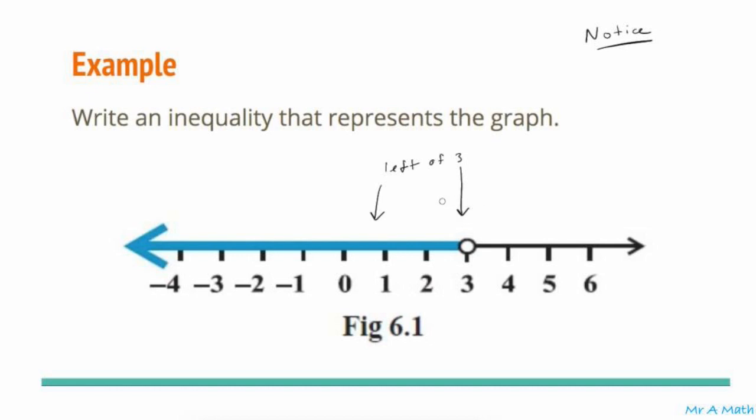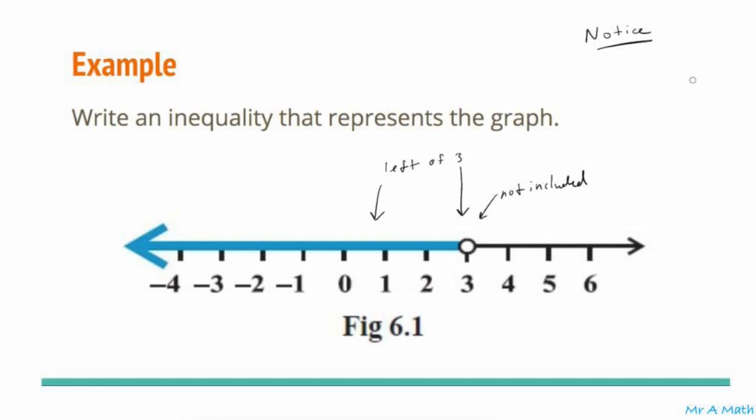And I also notice that 3 is not included. So if we look at what we just wrote down in the notes, if I notice these things, that means I need to write an expression for all the numbers to the left of 3 on the number line, but not including 3 itself.